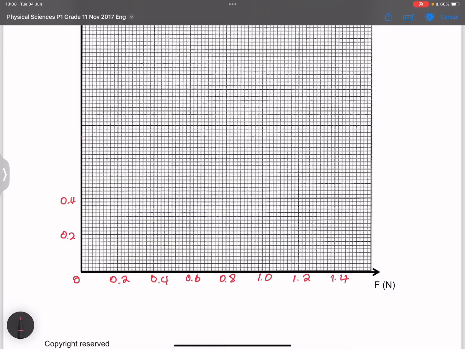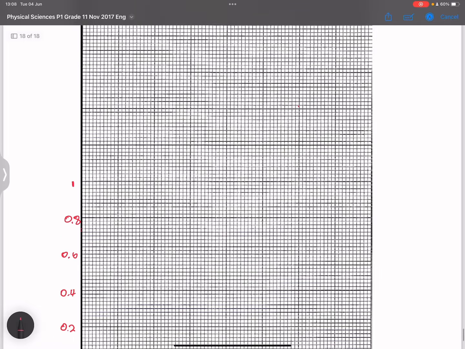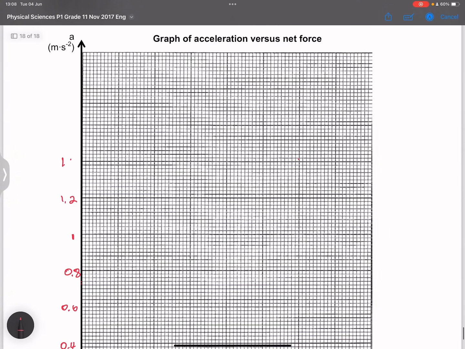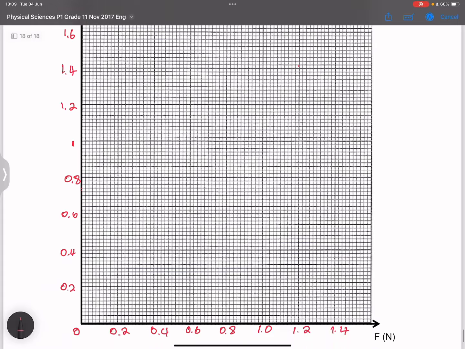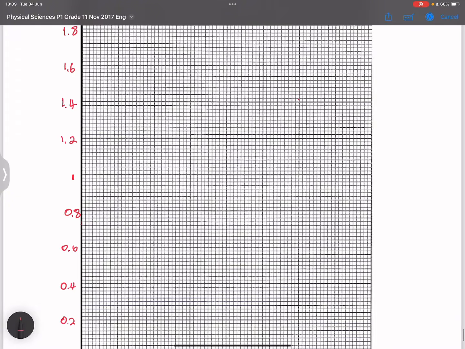Okay, I can't see those lines properly now. 0.6, 0.8, that's 1, that's 1.2, that's 1.4, 1.6, and 1.8. Right, so we know we're only going up until 1.45, which should be somewhere over there.